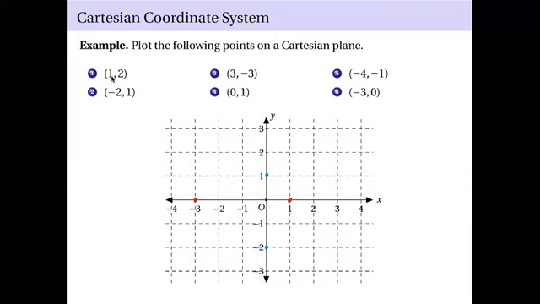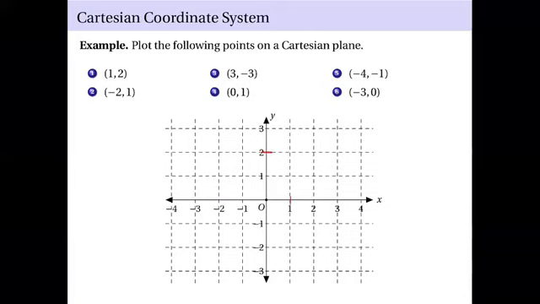So we have here 1, 2. We want 1 unit on the x-axis and then 2 units on the y-axis. This is the 1 unit here for the x-axis, and this is the 2 units for the y-axis.